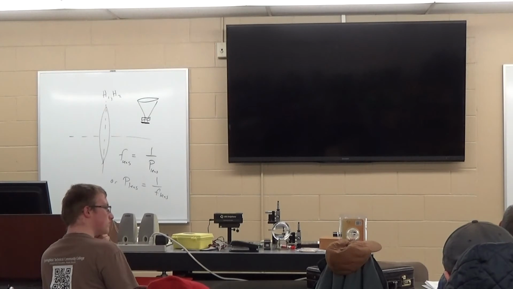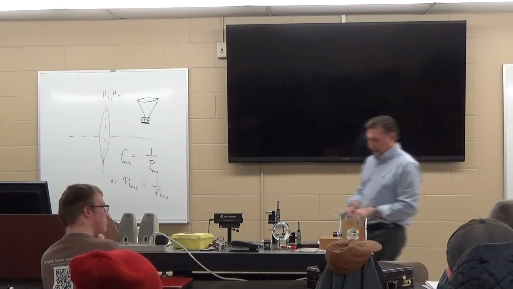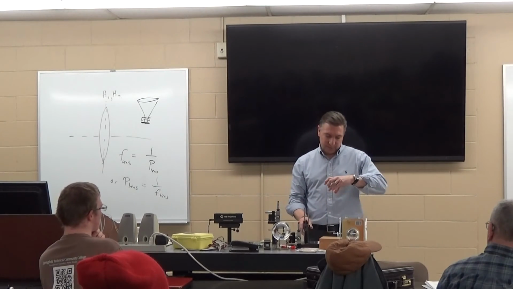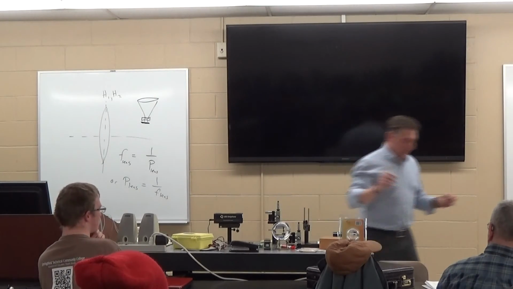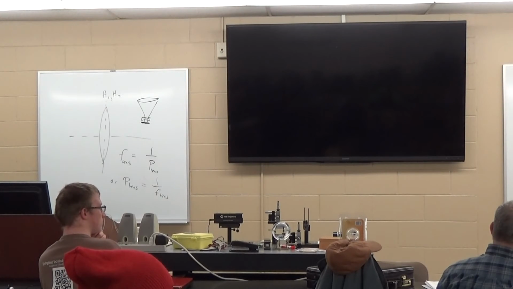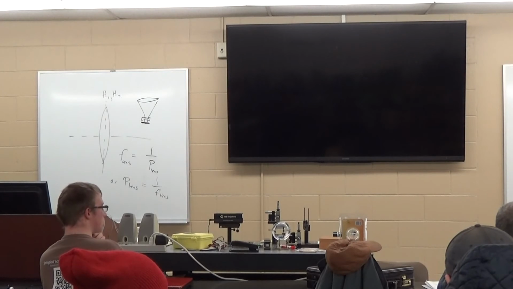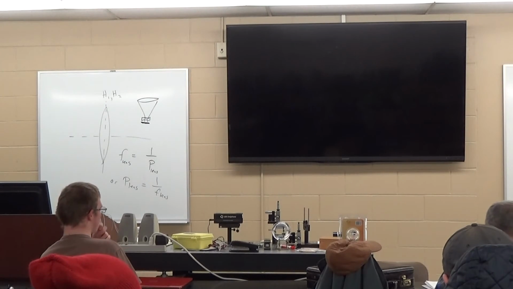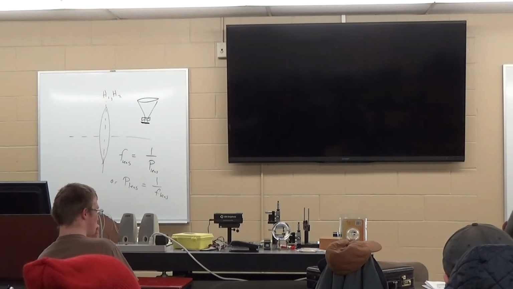I can show you the auto-collimation method. So, I have this lens, it says it has a 100 centimeter focal length, which is a little too long for the table there. I'll try this. I'm not sure what this is, but let's show you.